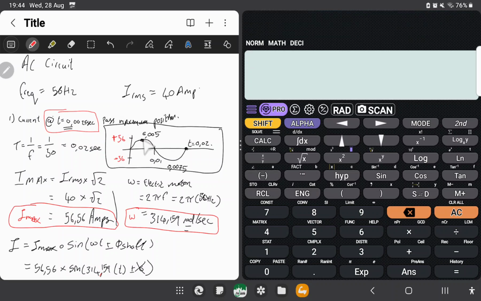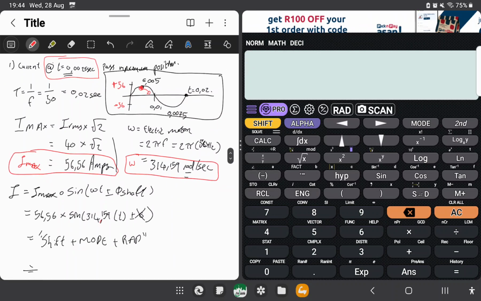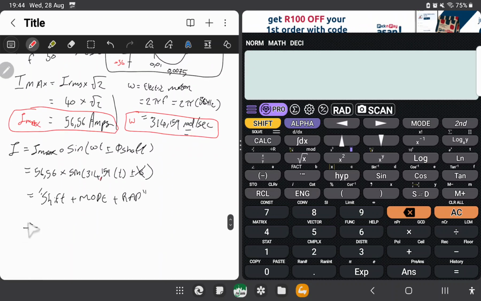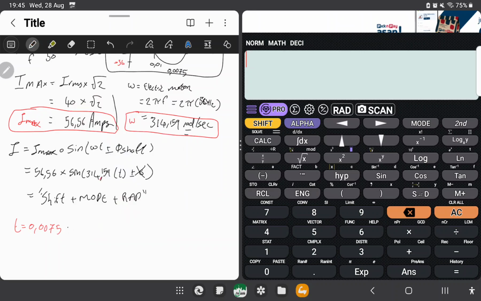So from this position, the pause maximum is going to add 0,025. What we will end up with is t equal to 0,0075, and we're going to substitute that into the equation.